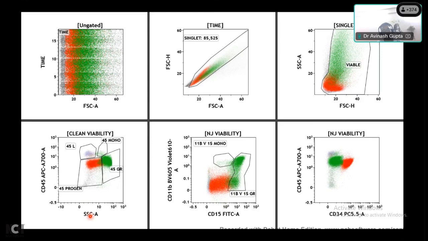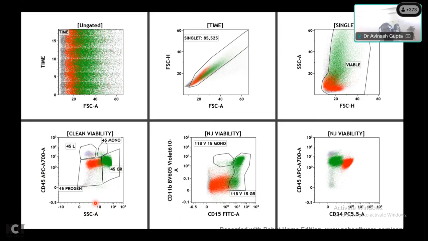On the x-axis, what is there? Side scatter. On the y-axis is what? CD45. So this population is CD45 dim. And side scatter is low side scatter. So low side scatter, dim CD45, falling into your CD45 progenitor, or blastoid, region.